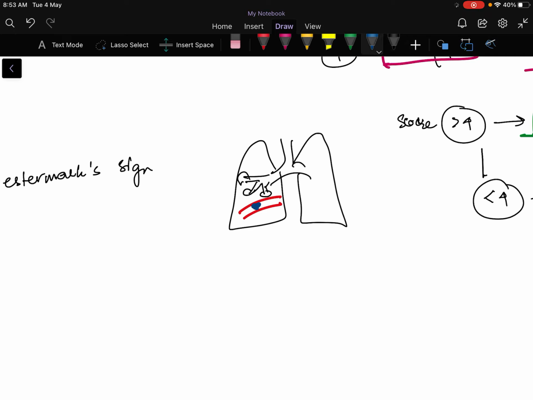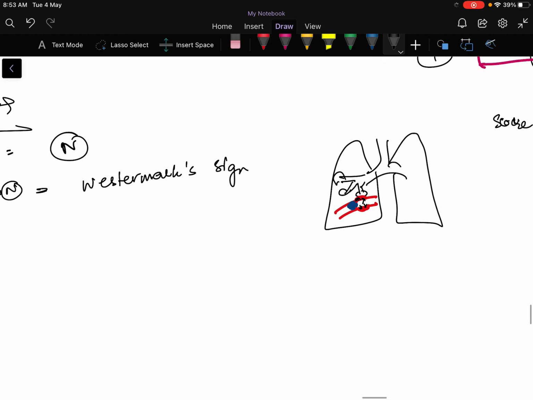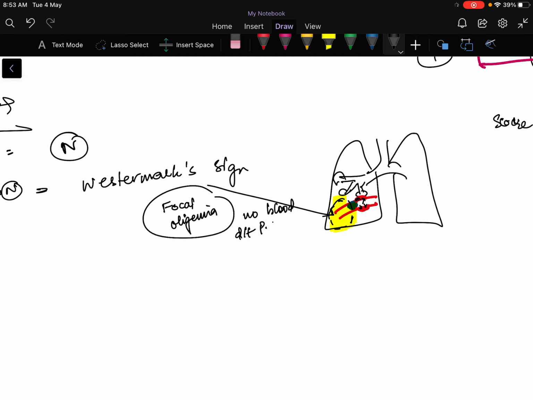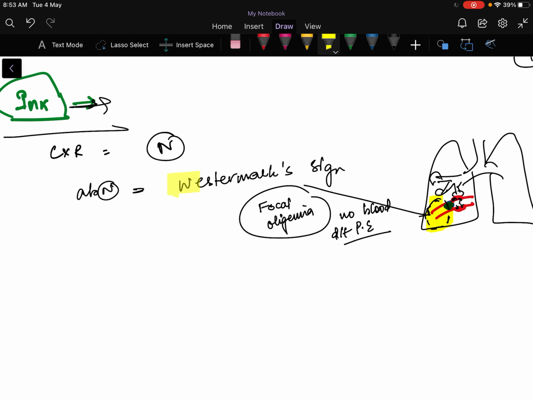So here is the thrombus. There is a focal oligemia, that is no blood, due to pulmonary embolism. That is the Westermark sign.